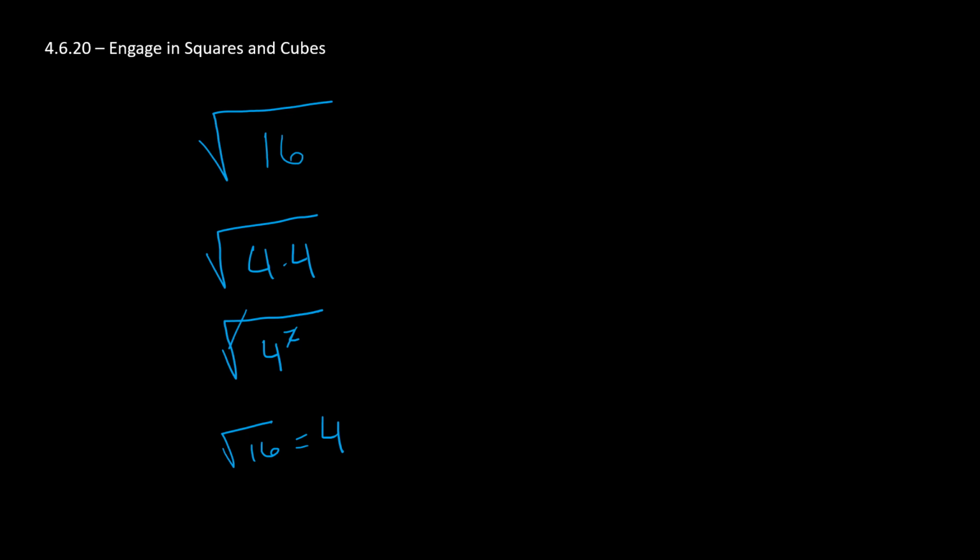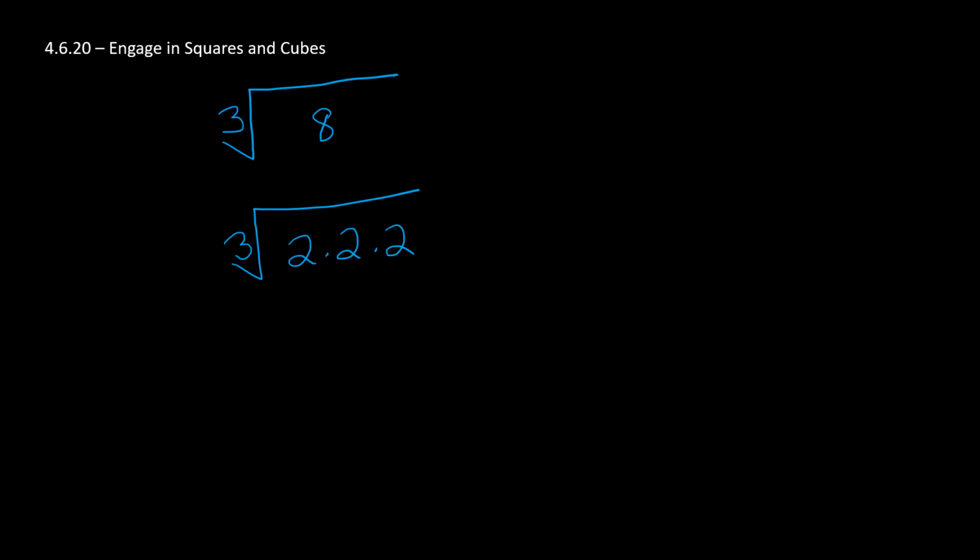Very cool. Alright, let's talk about cube roots then. If I said I wanted to solve for the cube root of 8, we can rewrite this as the cube root of 2 times 2 times 2. We're looking for 3 values here because we're discussing cube roots.